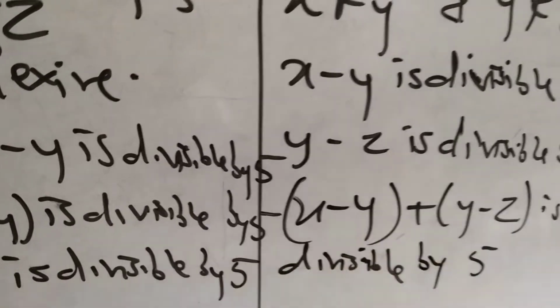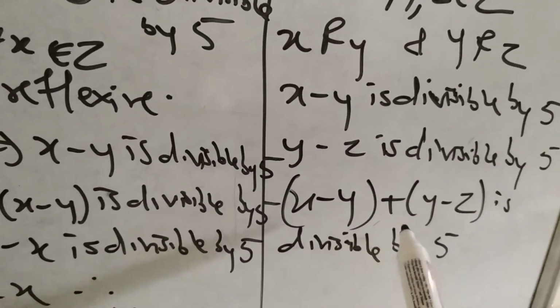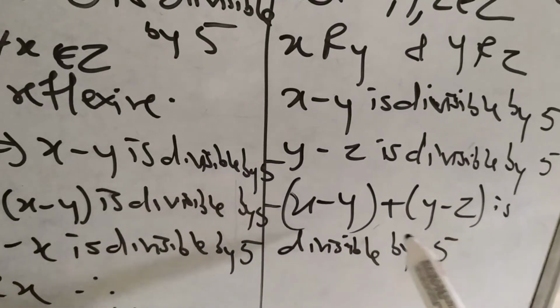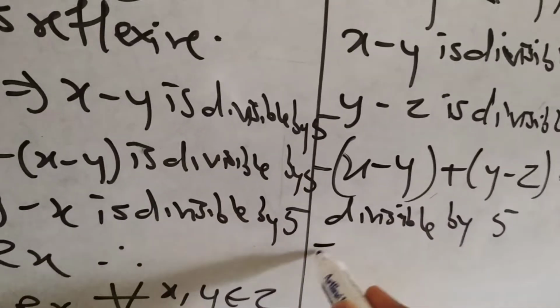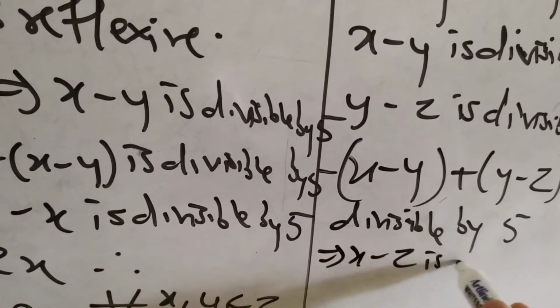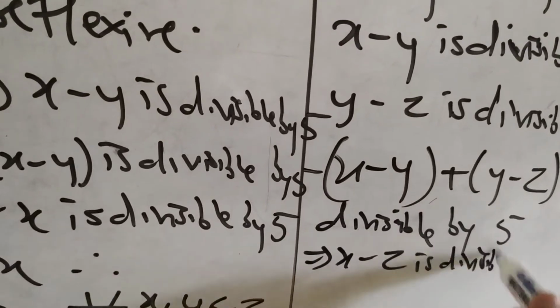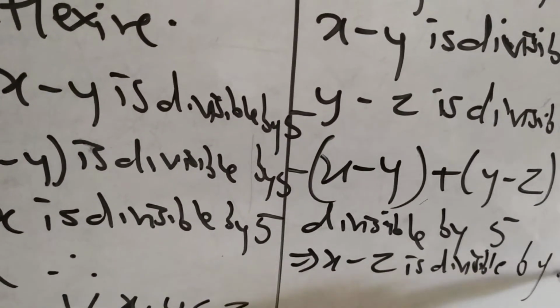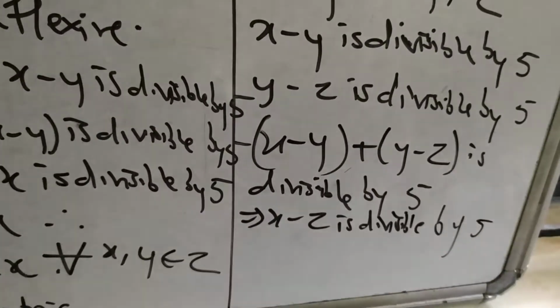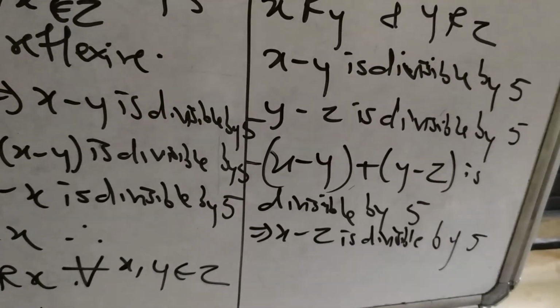And if I add x minus y plus y minus z, y gets cancelled and we get x minus z is divisible by 5.